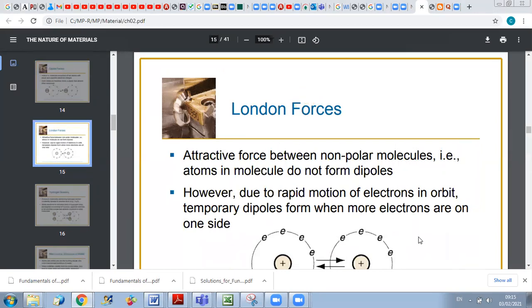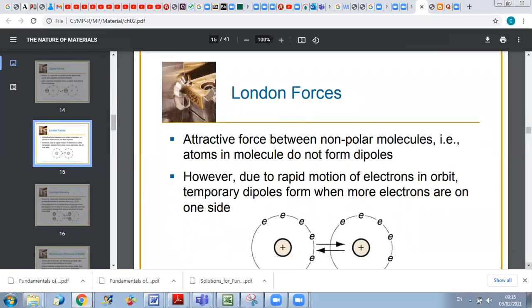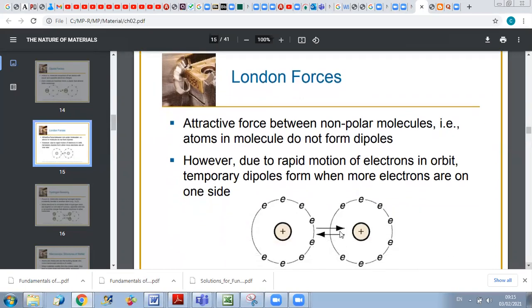So here we are in the case of London forces. We have an atom with a set of 8 electrons in its outer orbit. As you can see in this example, you have these two atoms.